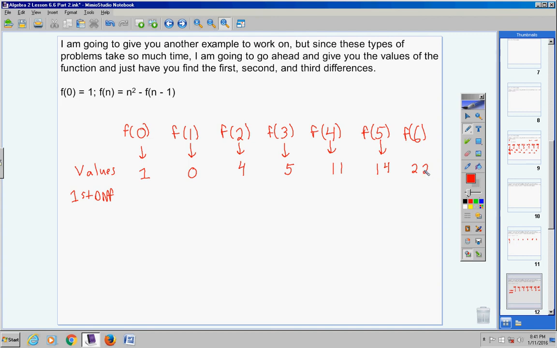So we go from left to right. 22 minus 14 is 8. 14 minus 11 is 3. 11 minus 5 is 6. 5 minus 4 is 1. 4 minus 0 is 4. And 0 minus 1 is 1. So there's your first differences right there. Got it? Let's find our second differences now.